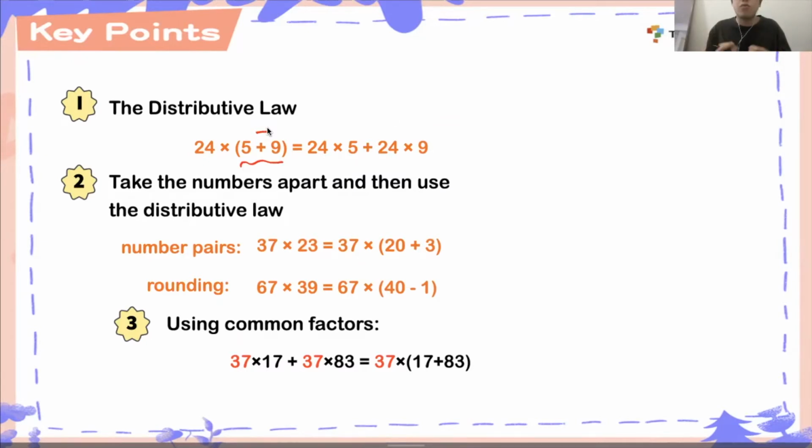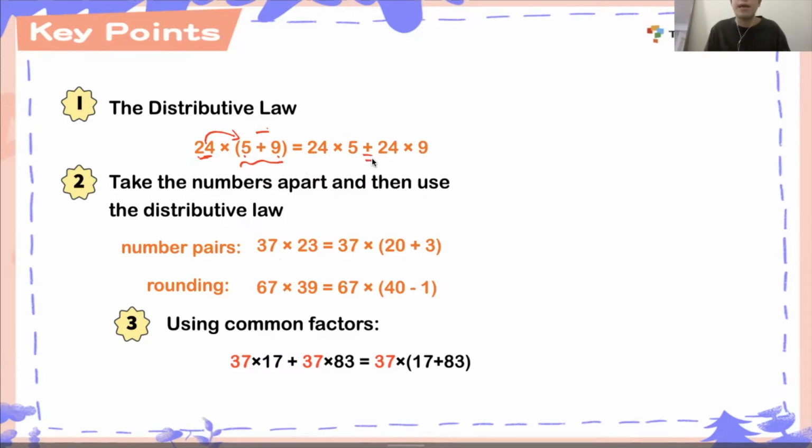So in today's review session, we will review this part. Okay, so what is distributive law? That is, we just provide this outside number to the inside numbers, right? We use 24 times 5, we use 24 times 9, and we should keep the operation in the bracket.